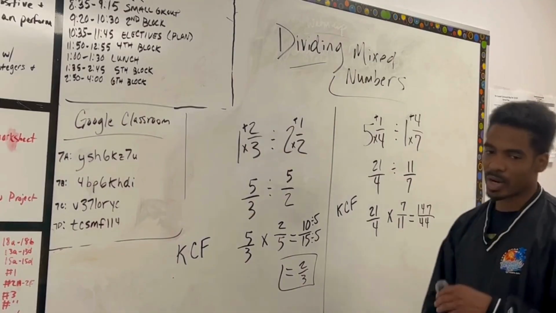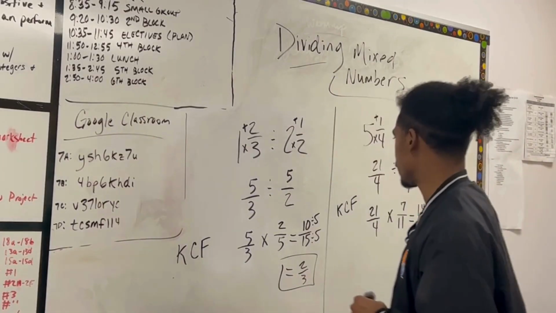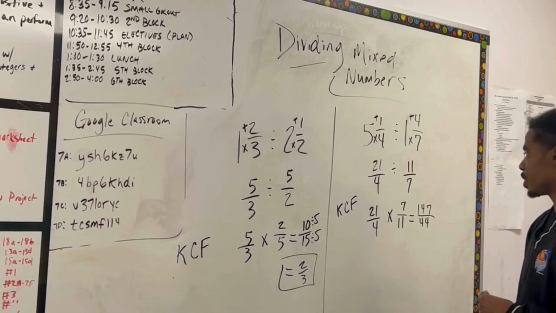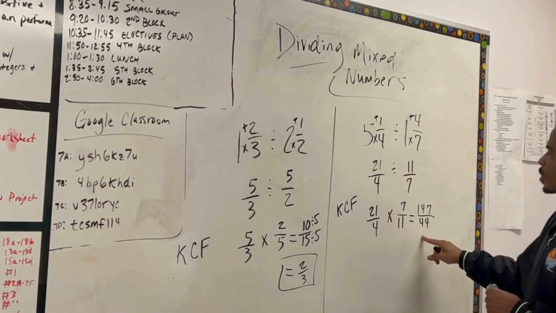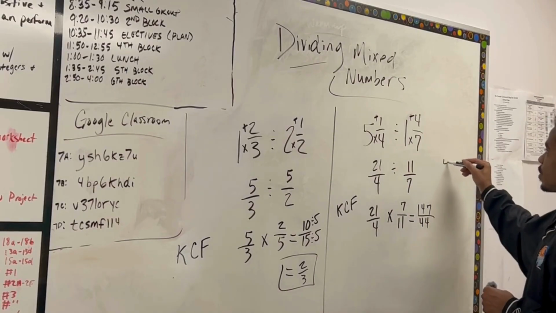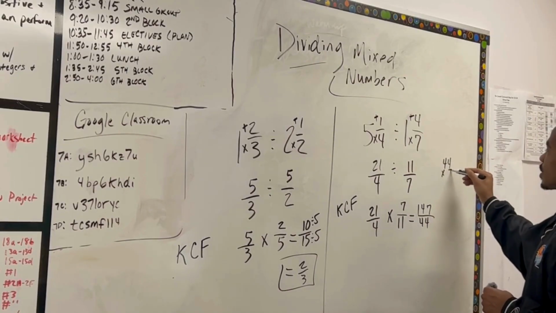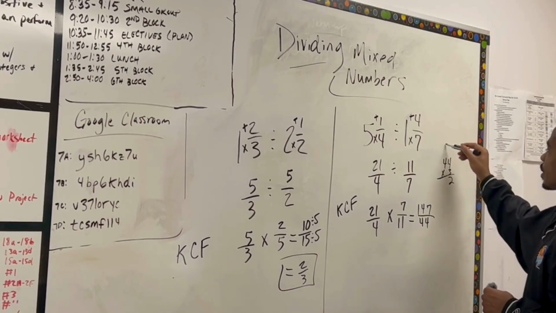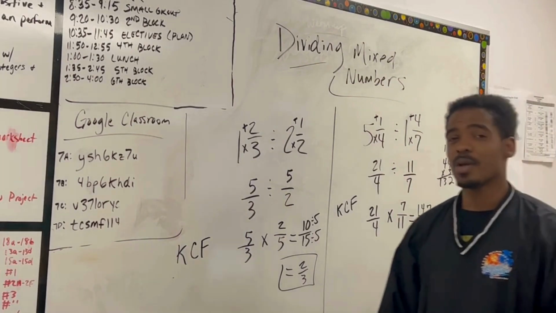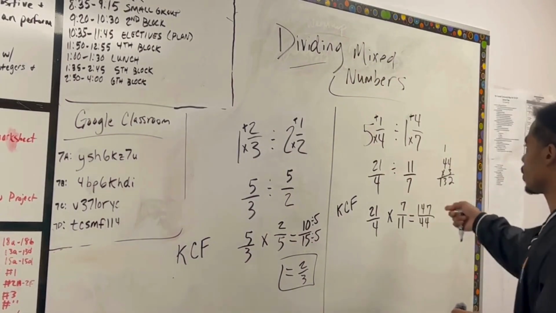Now, what I try to tell my students is, anytime you're dealing with an improper fraction, try to change that to a mixed number. So let's think, how many times can 44 go into 147 without going over? If I had to estimate, I would say 3. So let's say 44 times 3. That's going to give us 132. I'm pretty sure that's the closest we're going to get to 147.